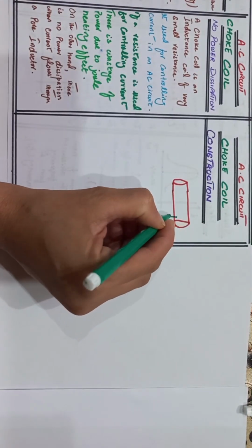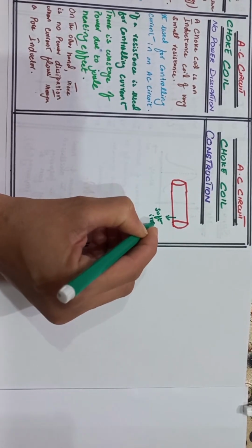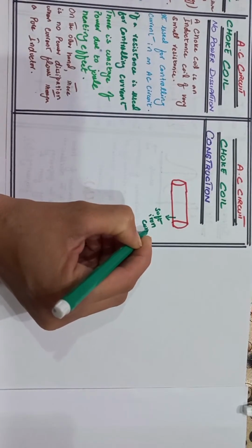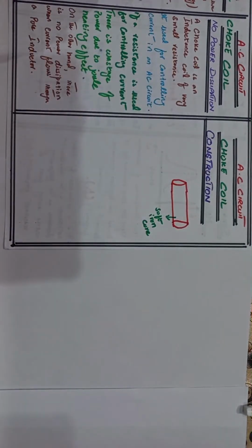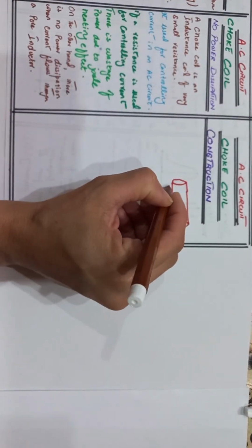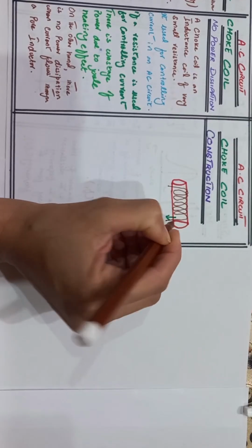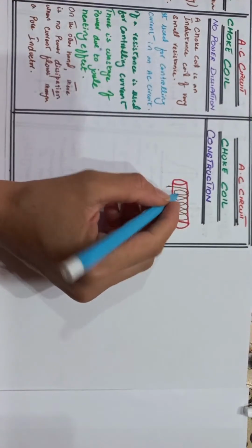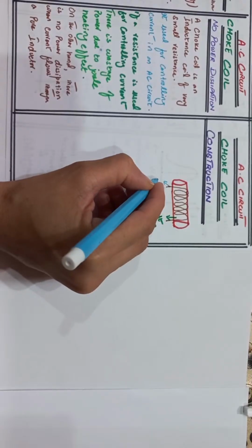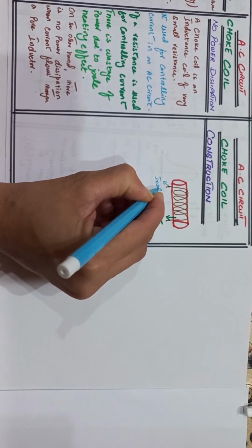Here is the soft iron core, and the soft iron core has a large number of insulated wire that has many turns. This is the insulated wire. It is wound on the soft iron core.